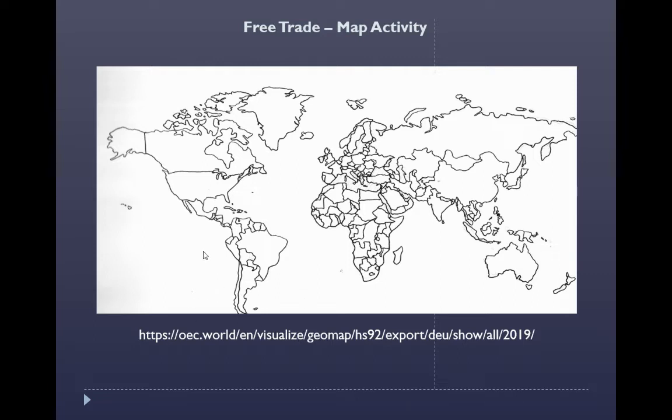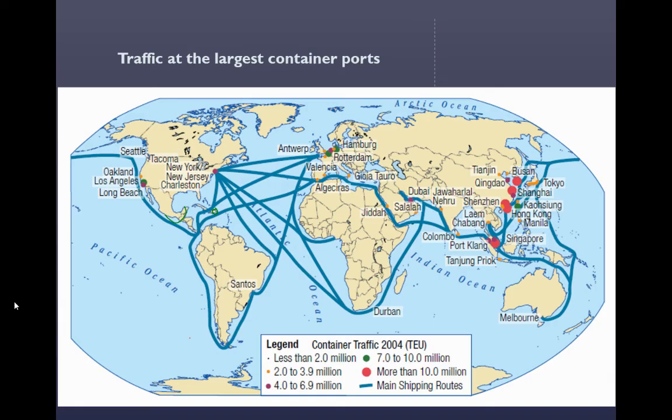So you go in there and you can use the website to find out which countries import from which countries and which countries export to which countries. So you're going to need to draw arrows on your map and just follow the activities that we did in class. And then that is going to be handed in as part of your unit notes before the Unit 3 test.